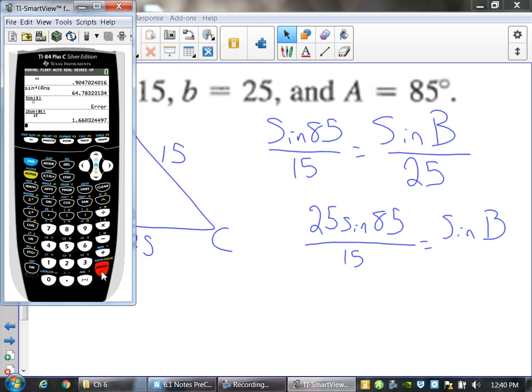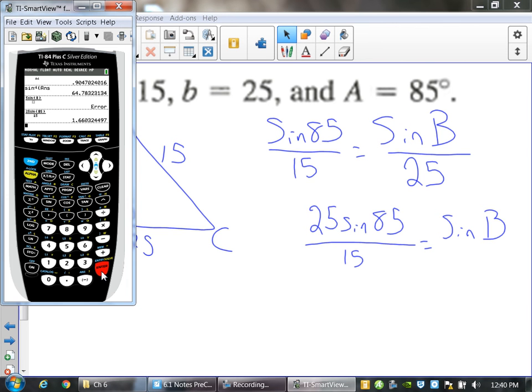I get 1.66. When I take the inverse sine, what happens? Doesn't work. Can you find an angle? Will an angle ever have a sine larger than 1? No. So this means this triangle does not exist.